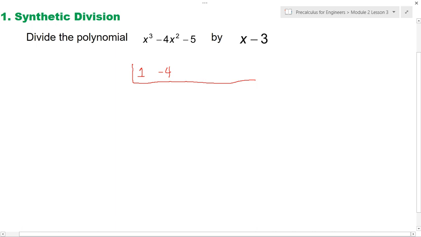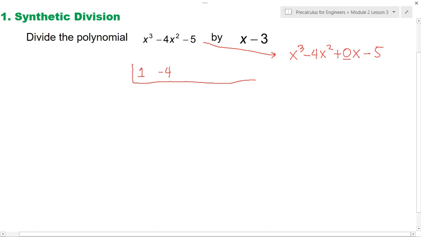Kasi this dividend can be written as x cubed, yung complete talaga ha, dapat in complete form, -4x squared plus 0x minus 5. Therefore, meron pa lang tayong coefficient ng x, 0 lang. Kaya hindi nilagay dyan kasi 0 lang naman to eh. Pero importante yan na ilagay mo sa synthetic division. Kasi, if you don't put it there, it will lead you to a wrong answer.